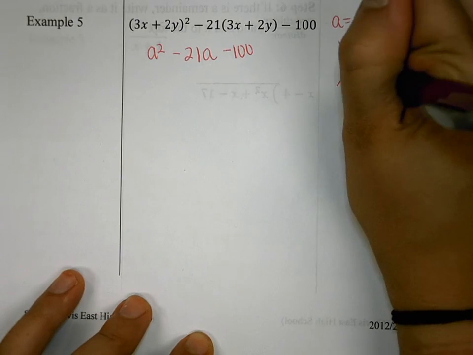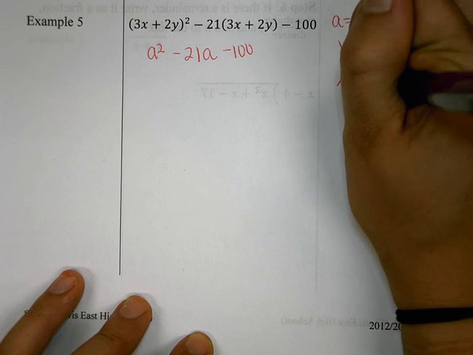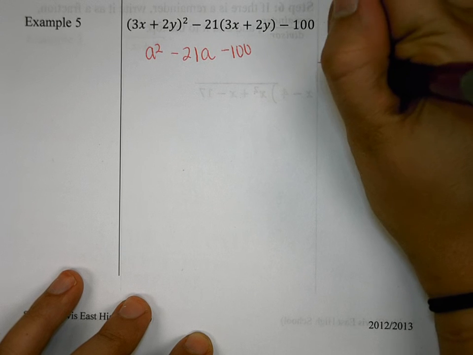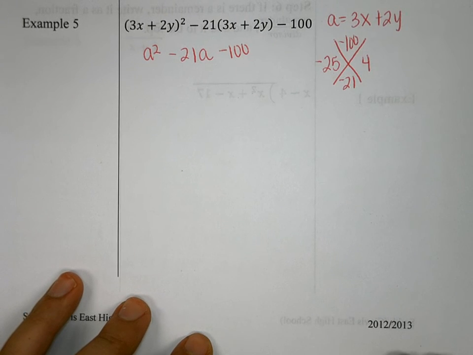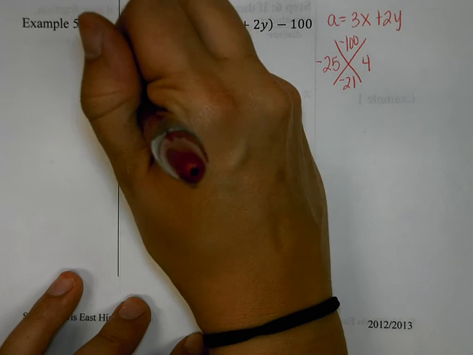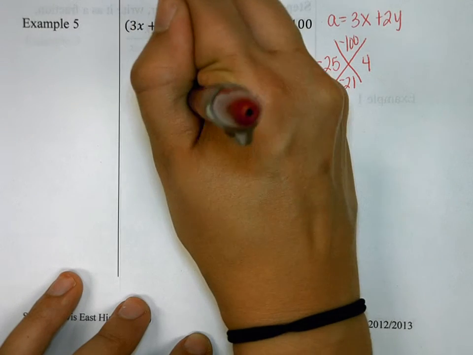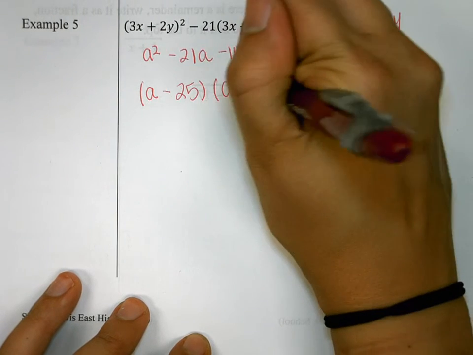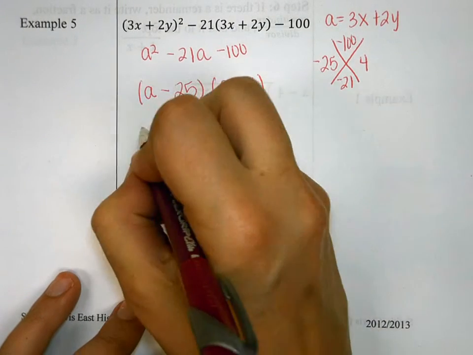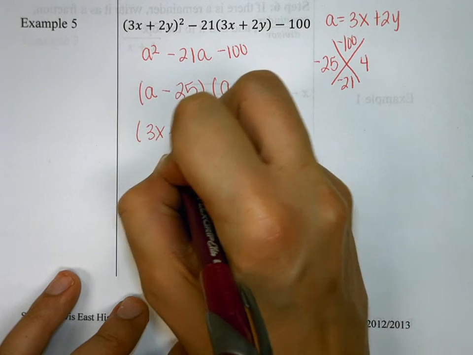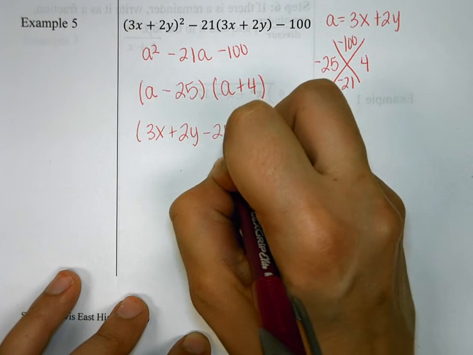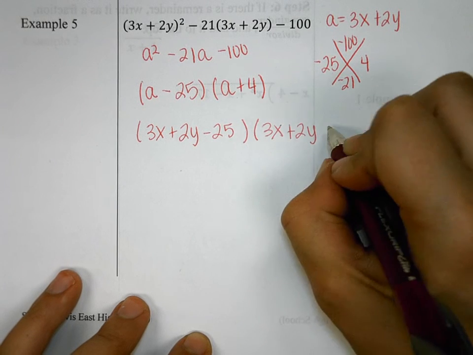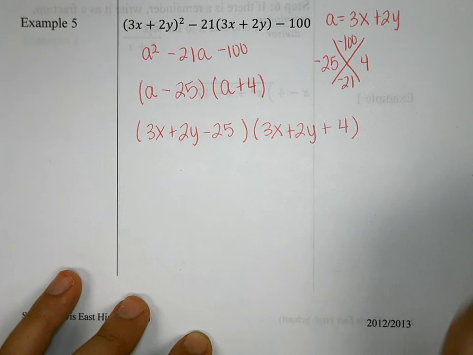So diamond method, two numbers that multiply to negative 100 and add up to negative 21 are going to be negative 25 and positive 4. So this is going to be a minus 25 times a plus 4, which comes out to 3x plus 2y minus 25 times 3x plus 2y plus 4.